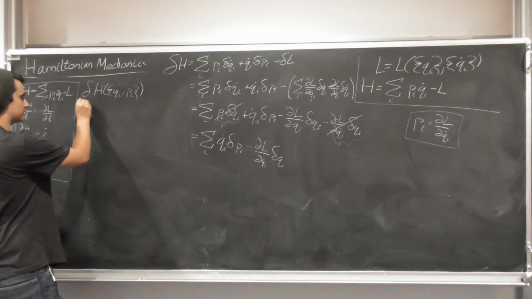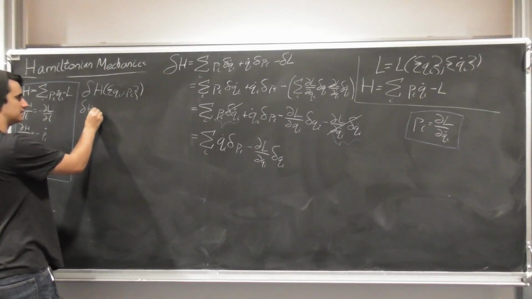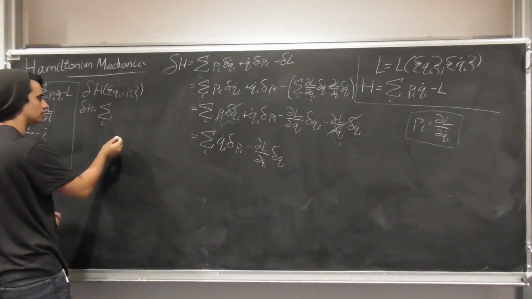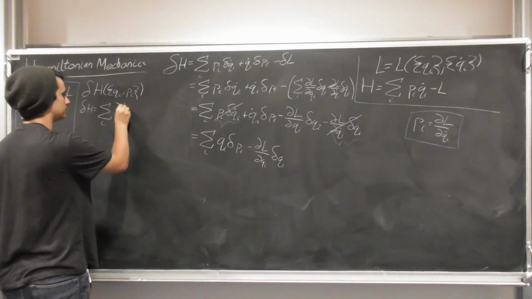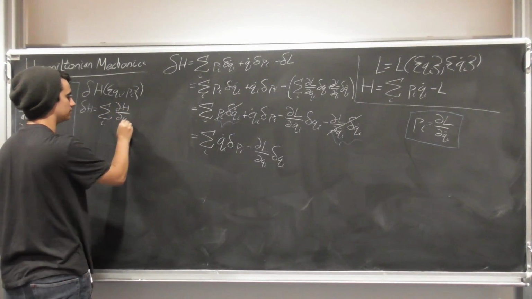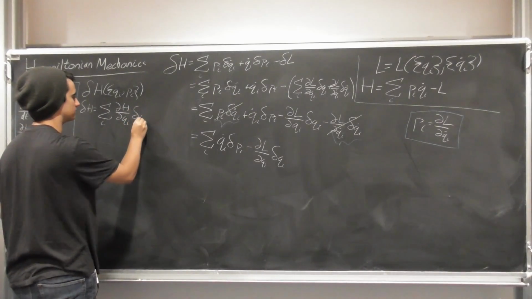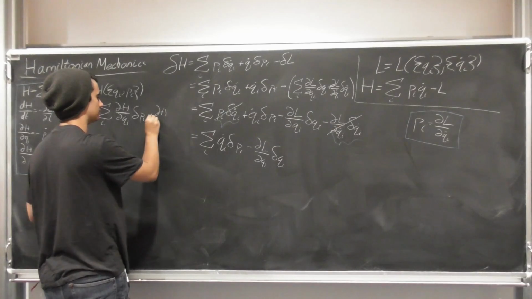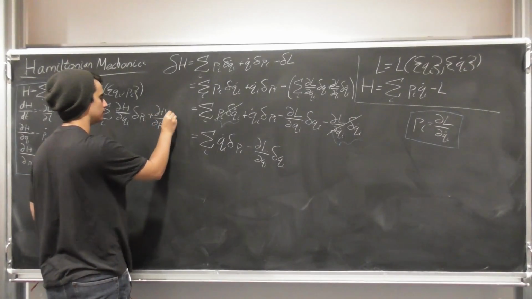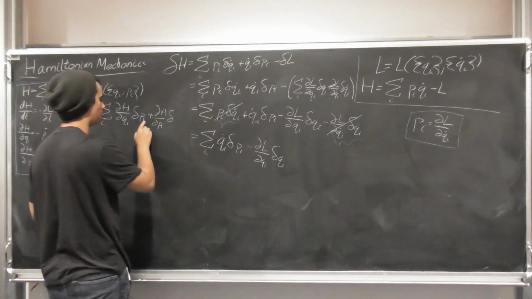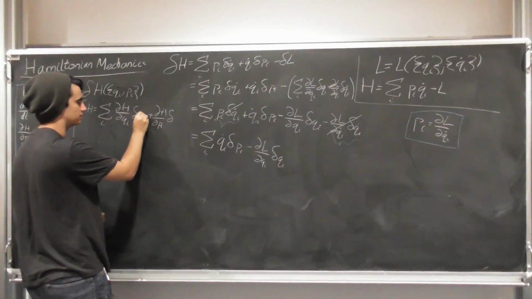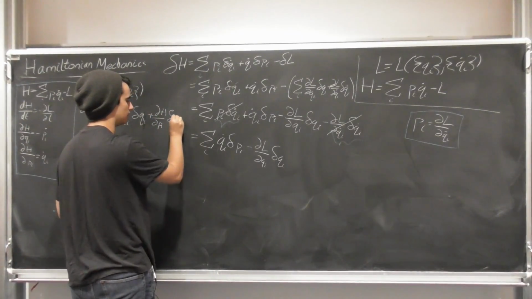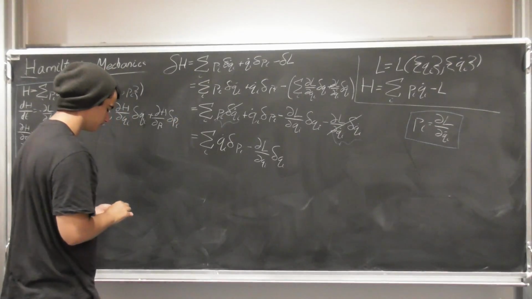We'll have therefore that delta H is equal to the sum over i of dH/dq sub i times delta q sub i and dH/dp sub i times delta p sub i. Okay.